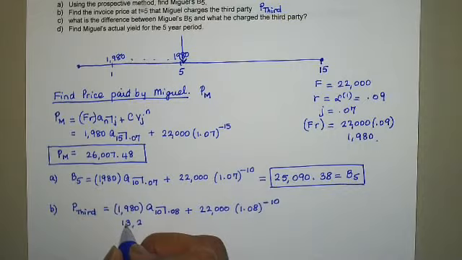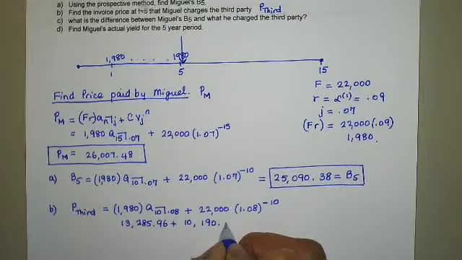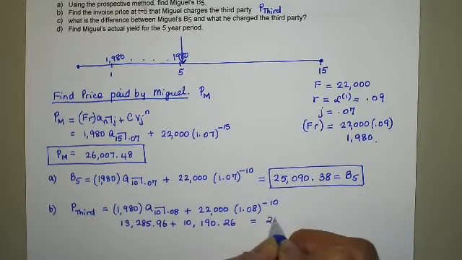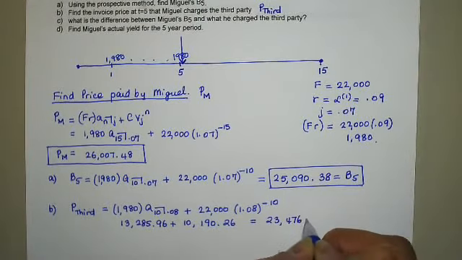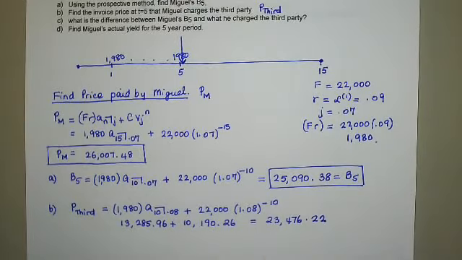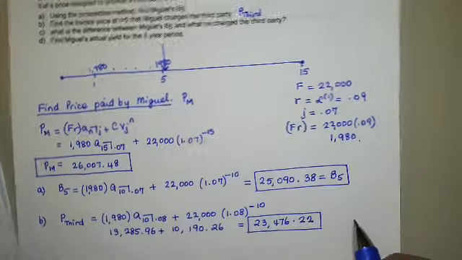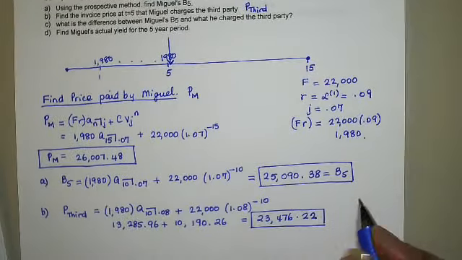Plus 22,000, 1.08 to the minus 10. So this turns out to be 13,285.96 plus 10,190.26, which is 23,476.22.